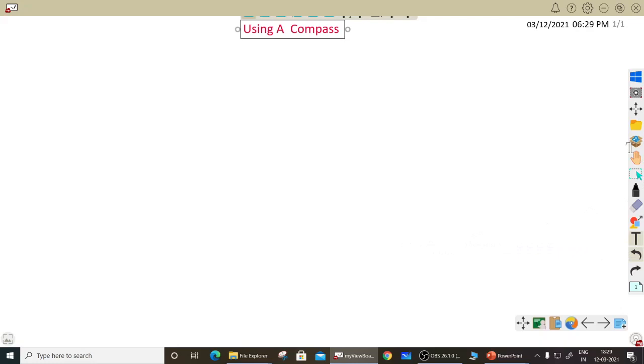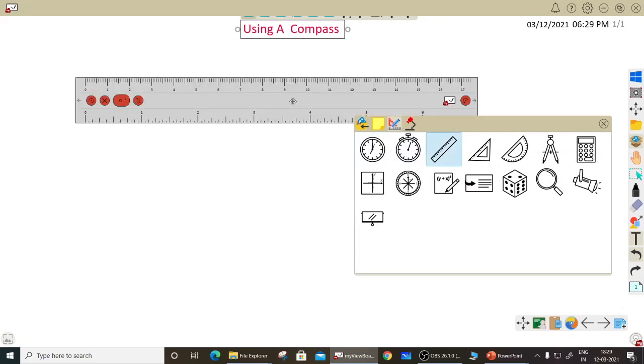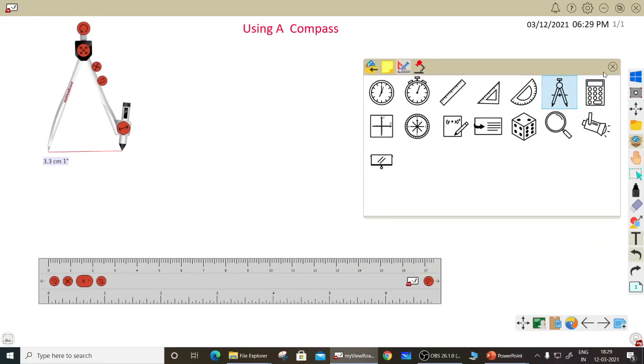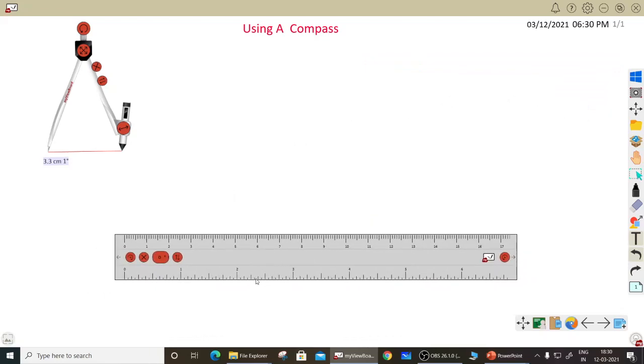For that, what all do we require? We require, first of all, the scale, the ruler. Then you need the compass, and you need the pencil for drawing the line on which we are going to draw the perpendicular line. So let us do it more practically. Hope that you also will try to do it along with me.